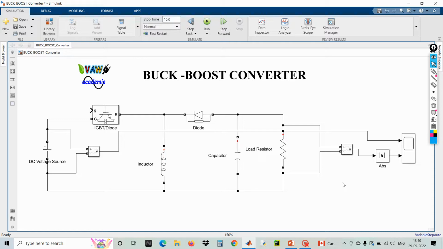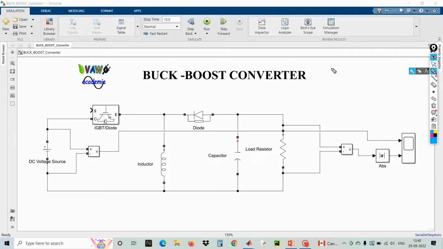How this buck boost circuit will work either in buck mode or boost mode, it depends on the duty value. Okay, if the duty value is greater than 50 percentage, it will work in boost mode.